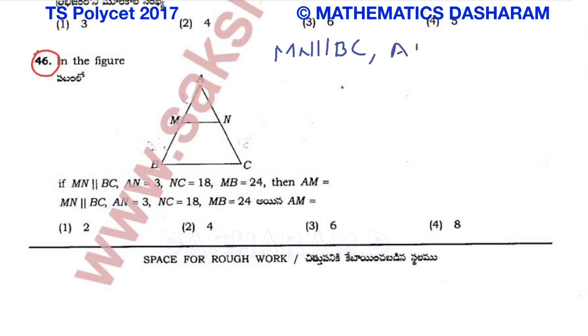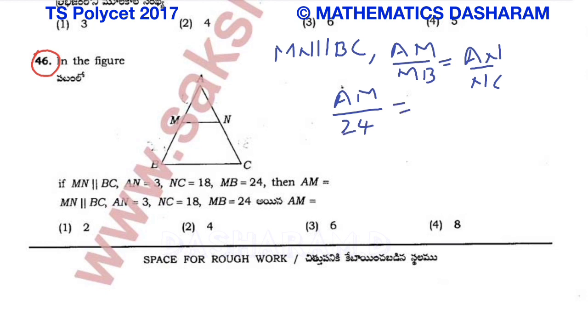As per the theorem, AM divided by MB equals AN divided by NC. Here AM value is required, next to MB value 24, next to AN value 3, NC value 18. 3 ones are 3, 3 sixes are 18. So AM by 24 equals 1 by 6.